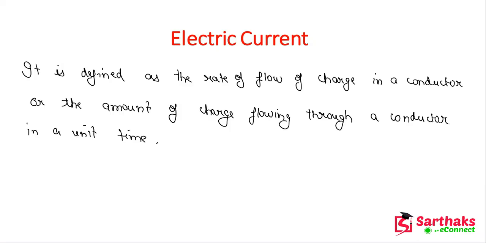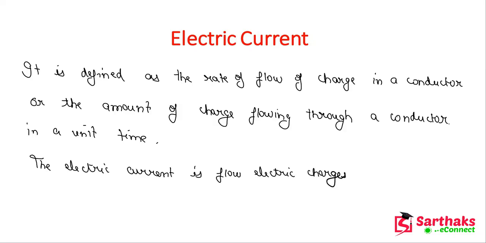Now, if we talk about electric current, it is a flow of electric charges only. That means the flow of electrons. The electric charges are the electrons only, not protons but only electrons.